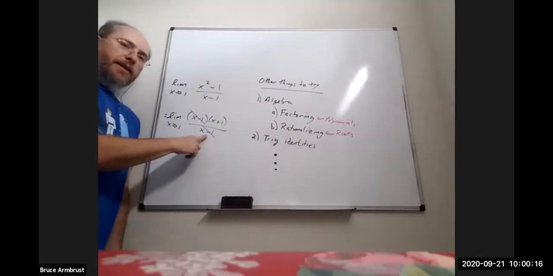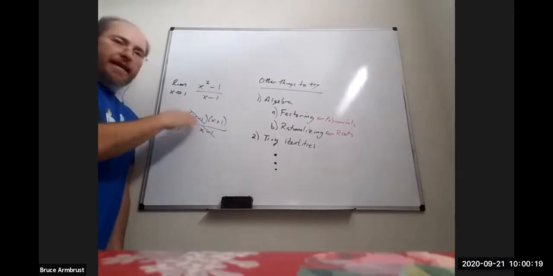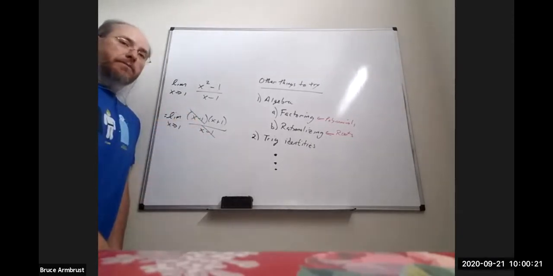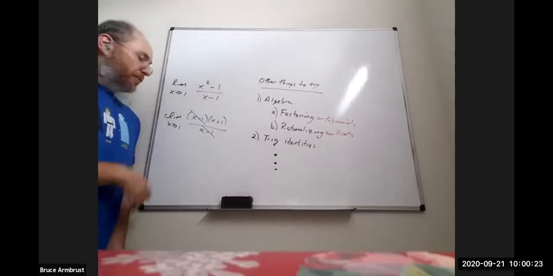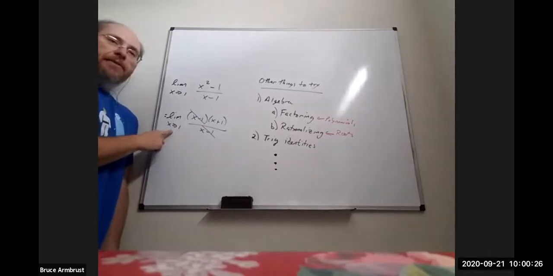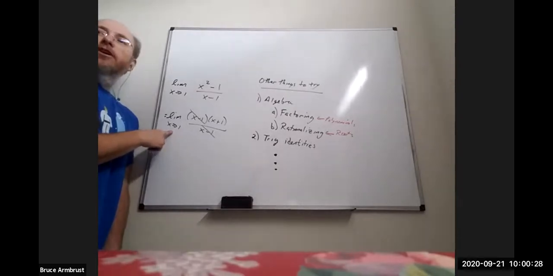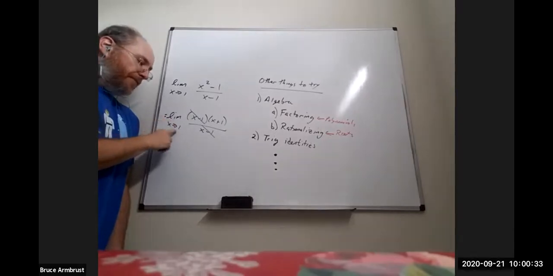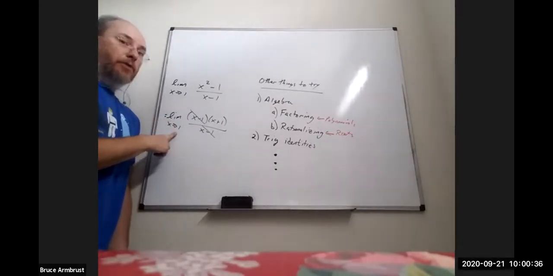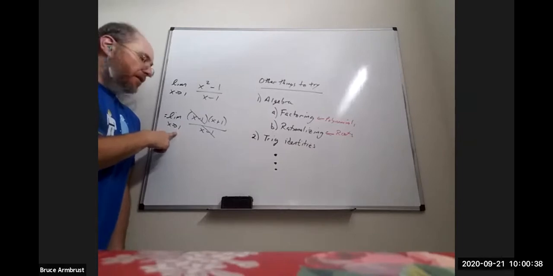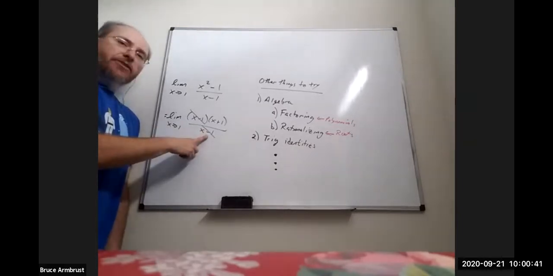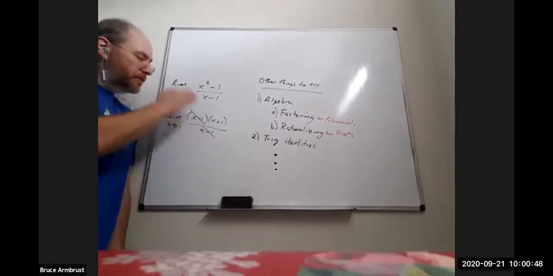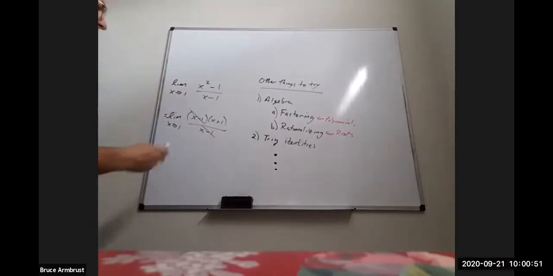If x is equal to 1, then I'm dividing by 0, and I'm basically trying to cancel out zeros, which is always a problem. But here's the good news. Remember what we're doing is we're taking a limit. And the limit is saying what's happening as x gets close to 1. I'm never actually at 1. I'm really, really close to it, but I'm never actually there. So x minus 1 is never actually 0. It's really close to 0, but it's never actually 0. So I can legit cancel those out.